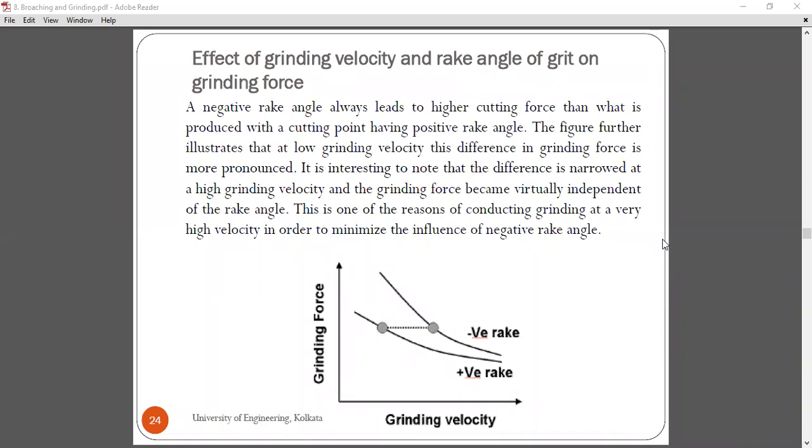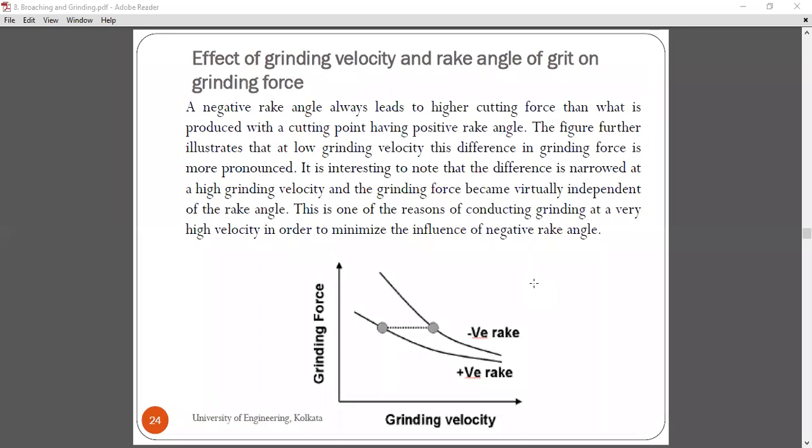Now, if you look at this graph, it shows that at low grinding velocity, the difference in the grinding force is higher. However, if you increase the grinding velocity, the difference becomes less. Normally, grinding is carried out at a very high velocity, because the grinding wheel is a mixture of negative as well as positive rake angles.